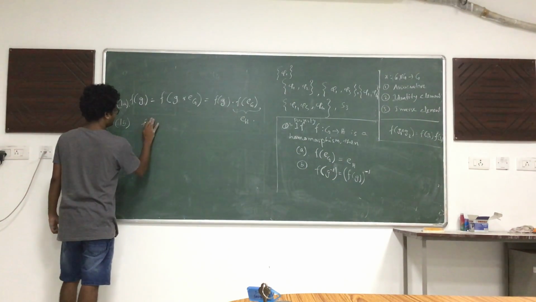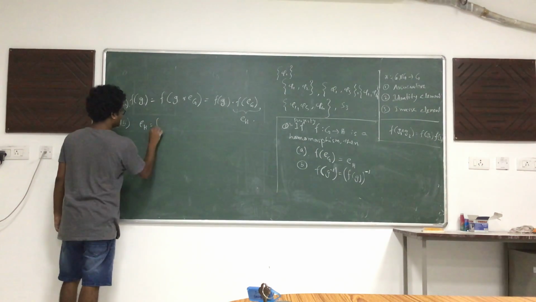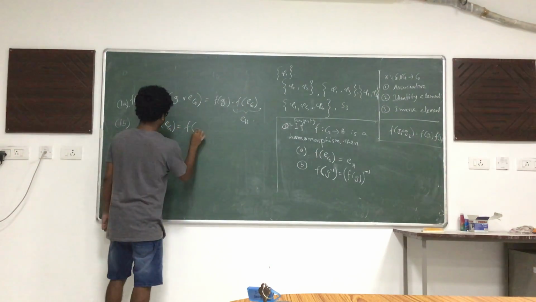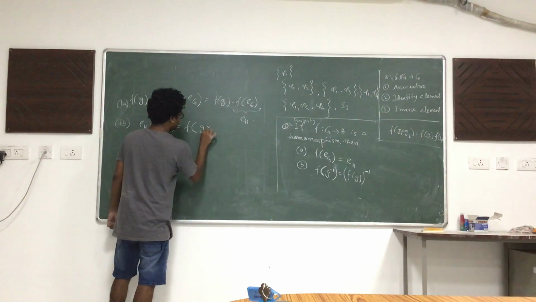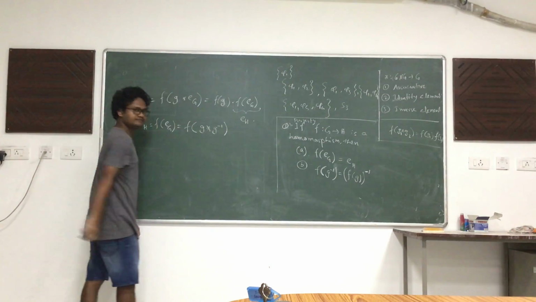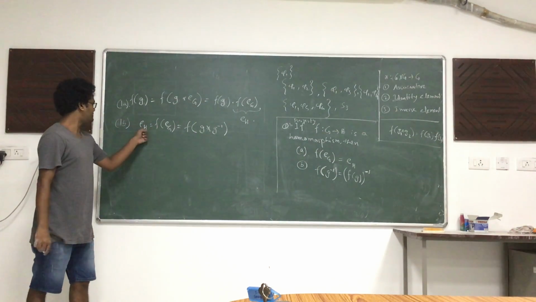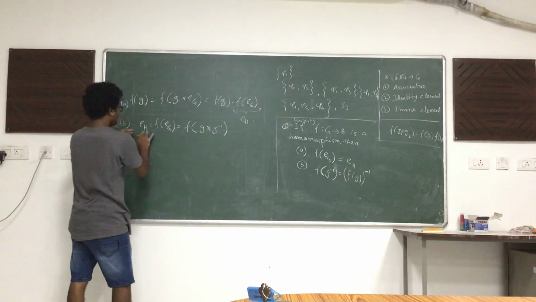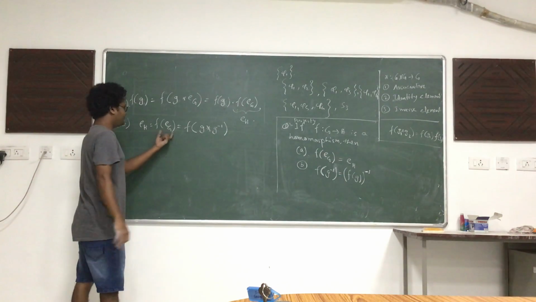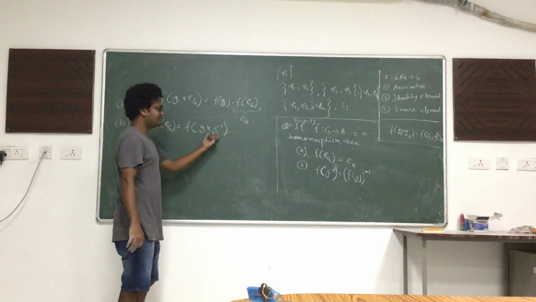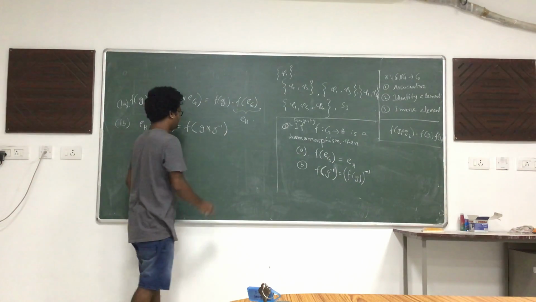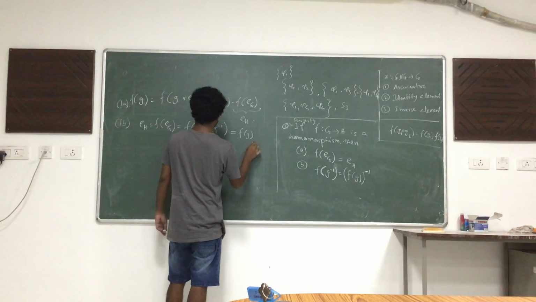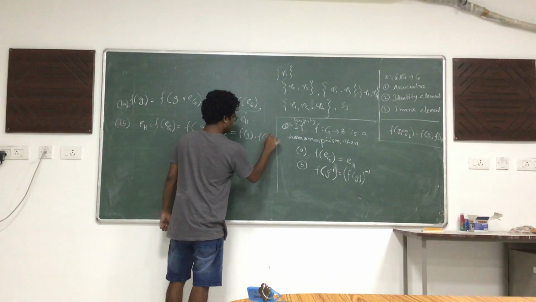So f of E_H is nothing but f of E_G, which is f of g times g inverse. E_H is nothing but f of E_G. E_G is nothing but g times g inverse for all g, which is equal to f(g) dot f of g inverse.